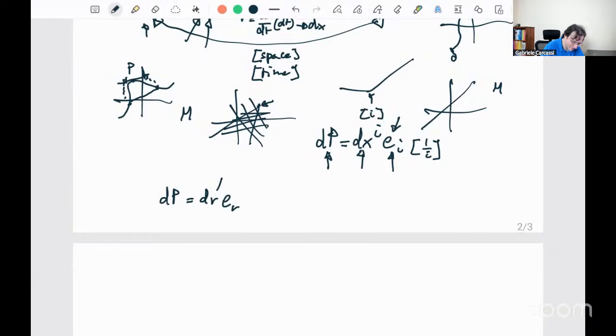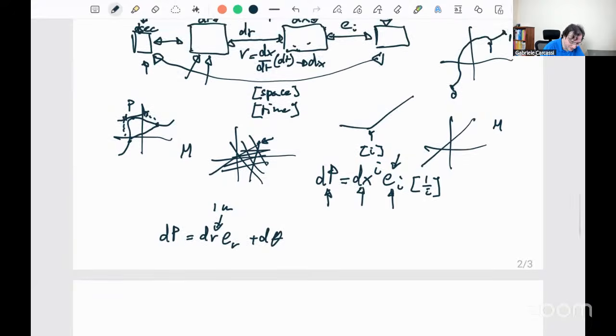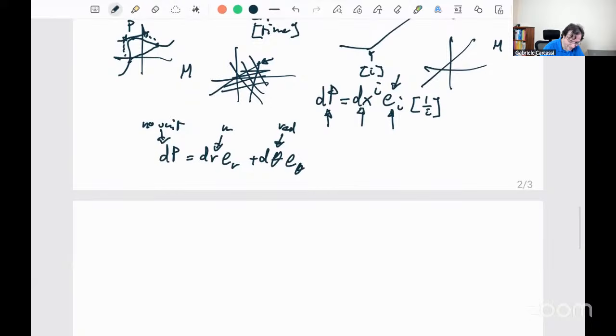So er is going to be 1 meter, and then I have d theta, which is in radians, and this has no units. Effectively these things are partial p partial r and partial p partial theta.